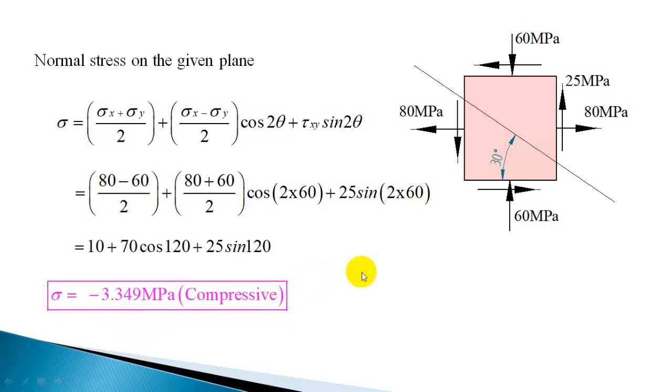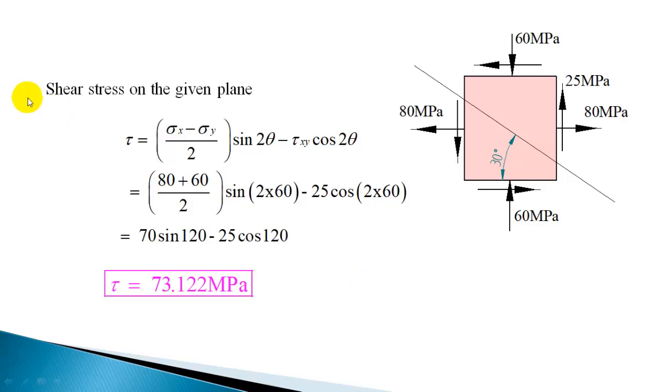Now let us check the shear stress. The shear stress on the given plane, the equation is (sigma x minus sigma y)/2 sin 2 theta minus tau xy cos 2 theta.